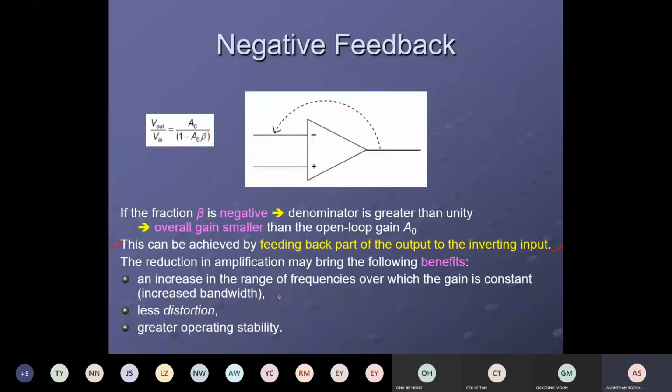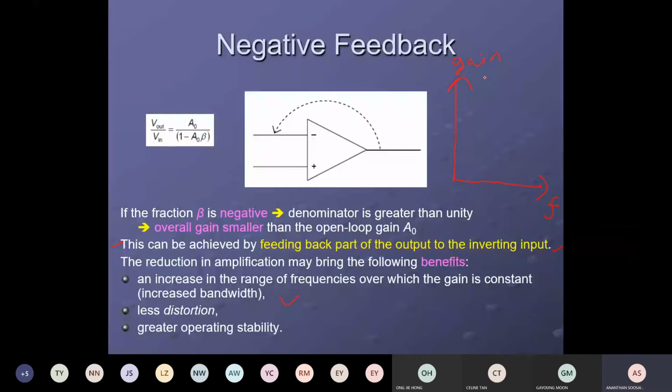What is this first point trying to tell? To understand this point, there is one graph missing in this slide. You have to add one graph here: the graph of gain versus frequency. Please add it into your notes.